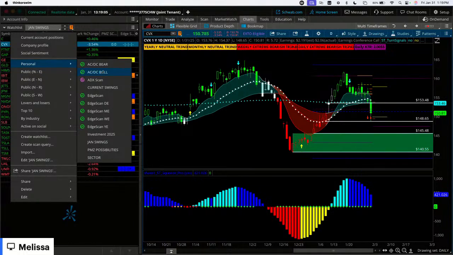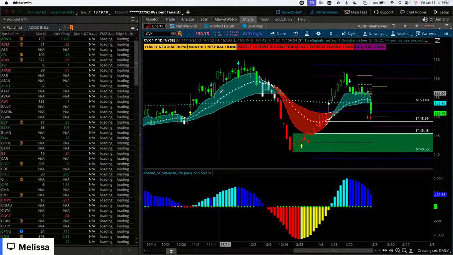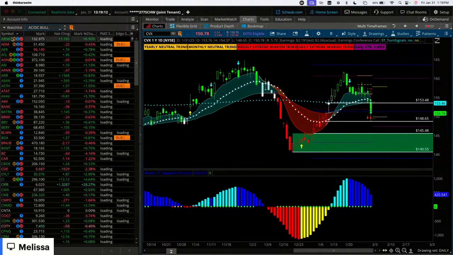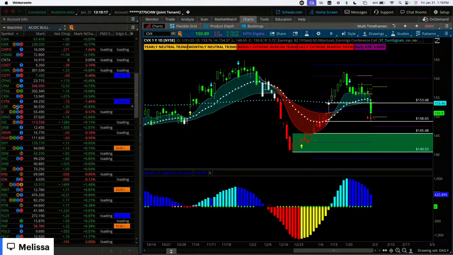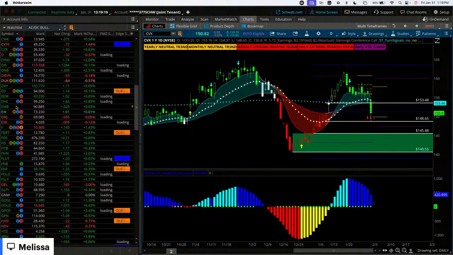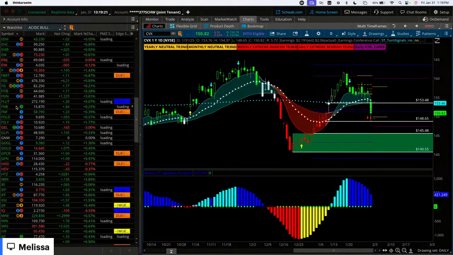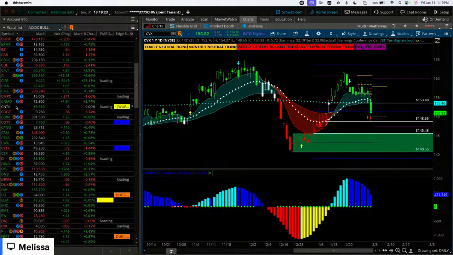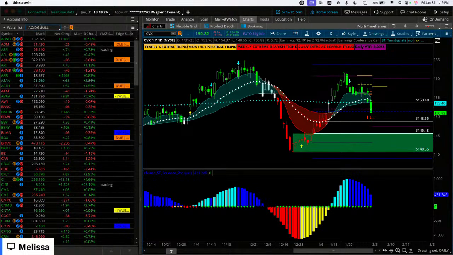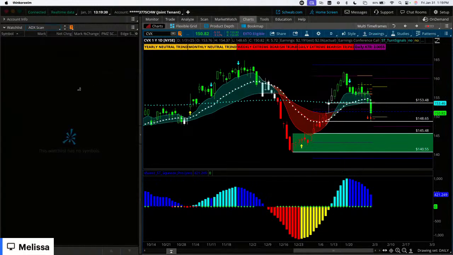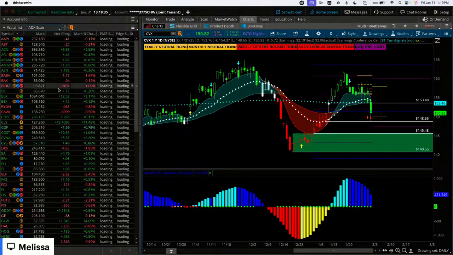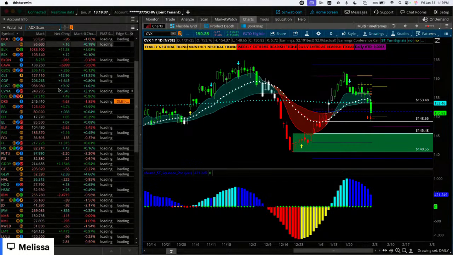That means I can use this scanner that I have, which is called the ACDC Bull Scan, and that's going to pull up a very long list of names. Once I have this very long list of names, and there's other scanners that are free if you do not have the trendy scanners that you can use that are available on TOS, just to get you a list like this.